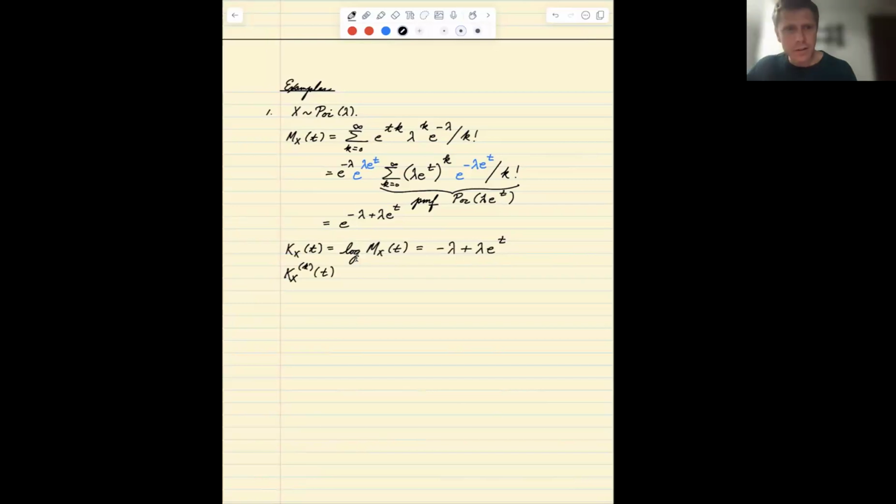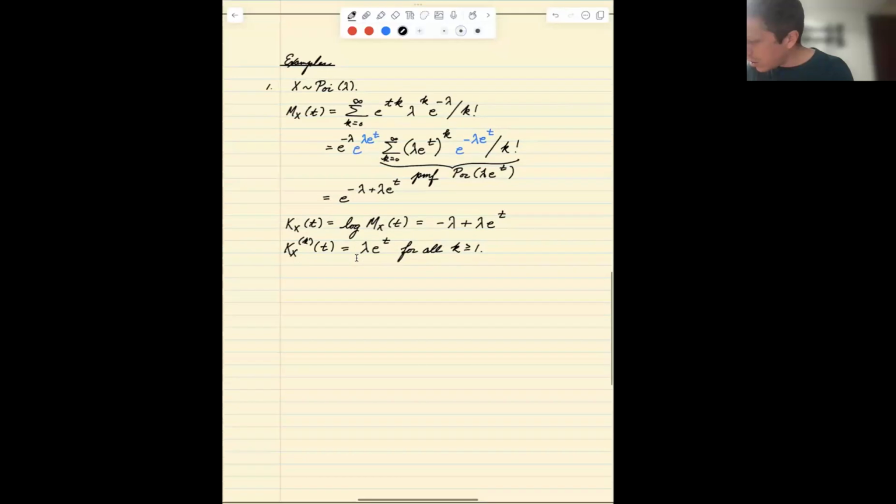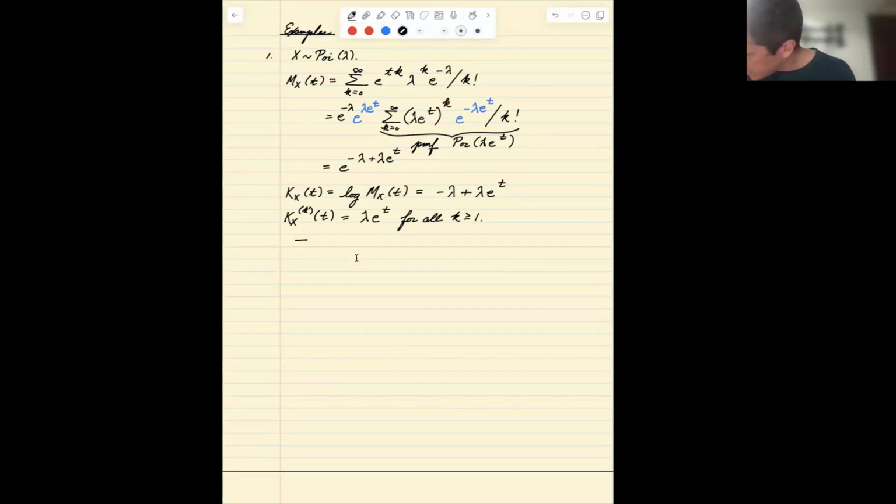The kth derivative of the cumulant function is just lambda e to the t for all k bigger than or equal to 1. So this tells us that all of the cumulants of a Poisson are the same. They're all lambda.